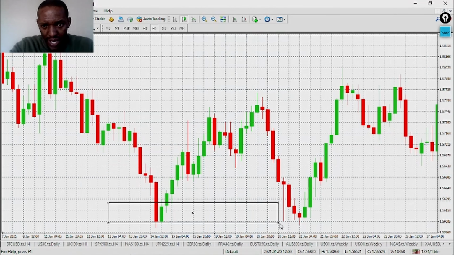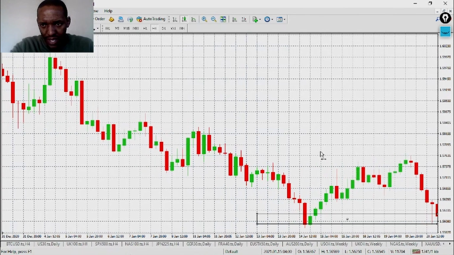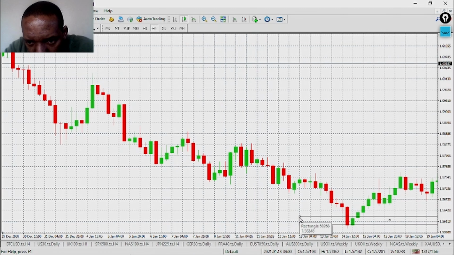Now you want to trade the double bottom. So how it works is that, let's just pretend that you don't see that, for example. That hasn't played out yet, and you got this. So you're going to set out your zone right here.